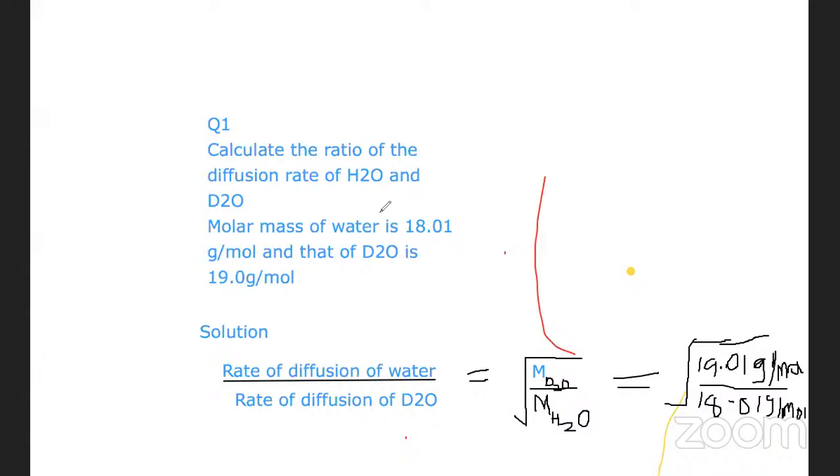And so if you work out this, what is the answer?